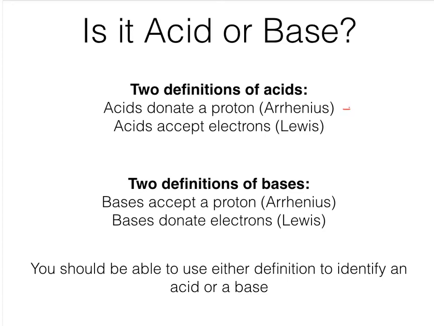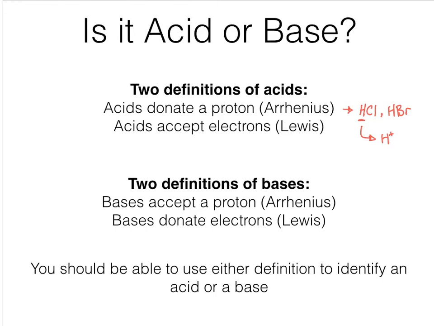This is what we talked about last semester when we talked about things like HCl or HBr being acids, that they had this extra hydrogen that could turn into H plus and move around the system in the reaction.